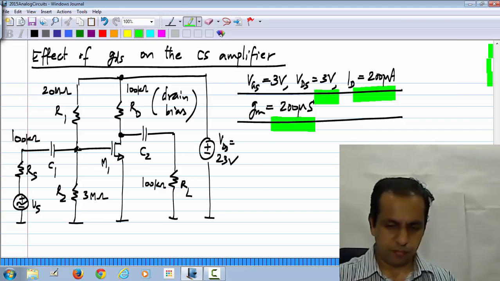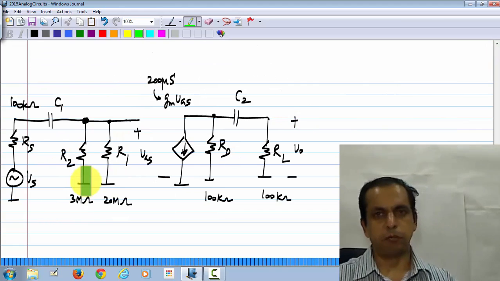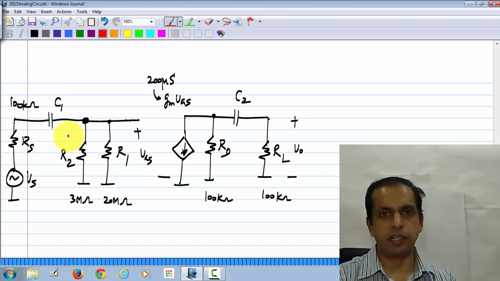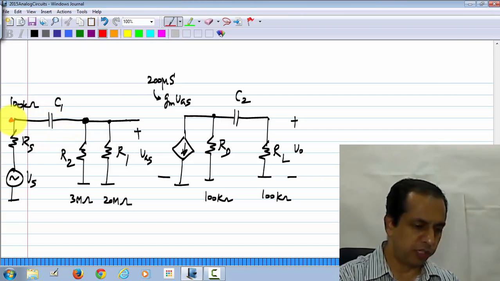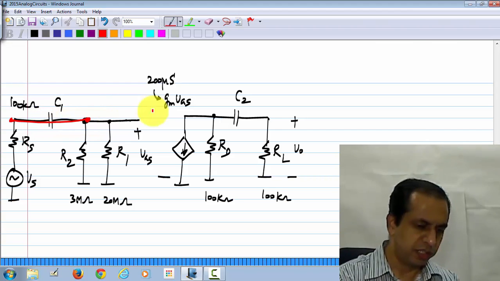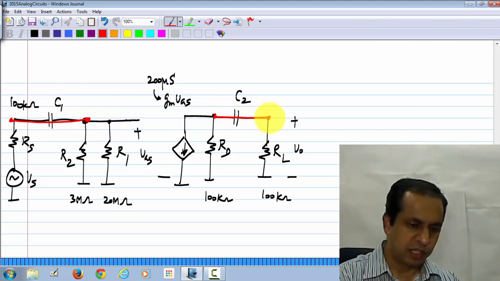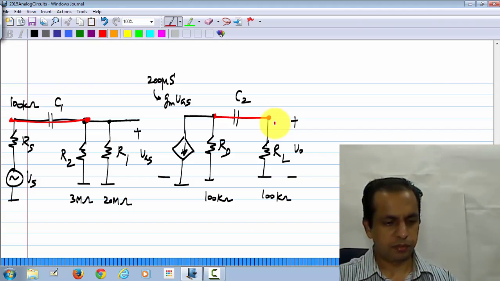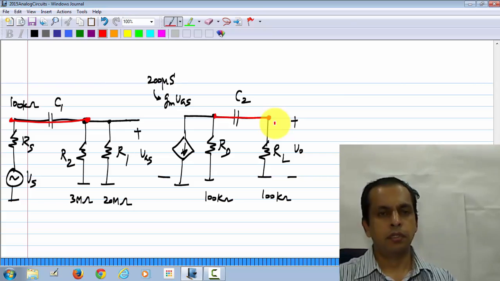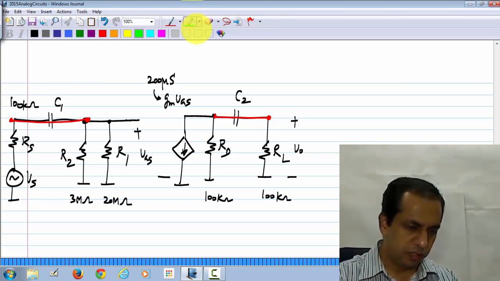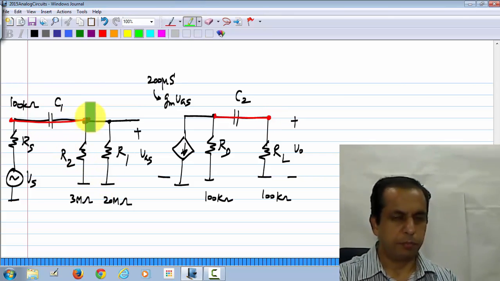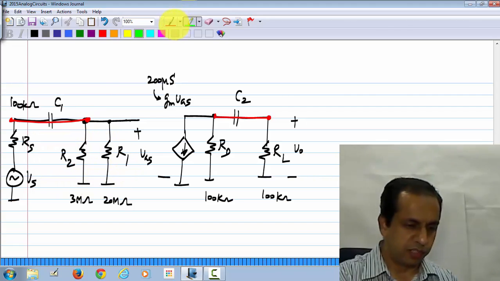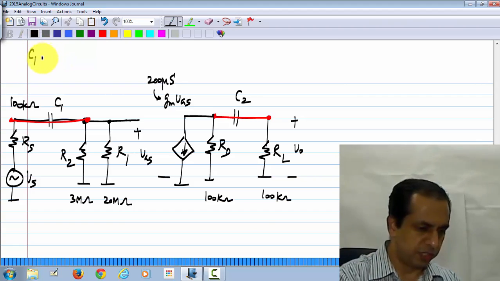But we have the small signal picture of the same amplifier here, and if C1 and C2 are sufficiently large, now we do know how to calculate them to be sufficiently large, they do behave as shorts at the signal frequency. So, now if they behave as shorts, and if R2 and R1 are very large compared to RS, so let me write those things down.